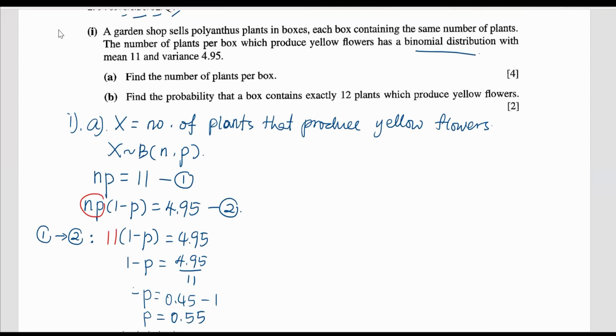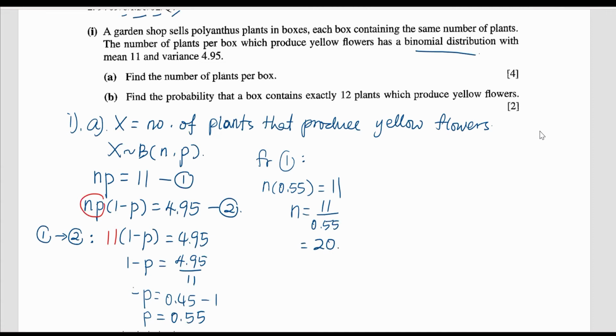Okay, so find the number of plants per box. Once we get p, we can come back to the first equation and find n. So n times 0.55 equals 11. Then n is given as 11 over 0.55, which is 20.